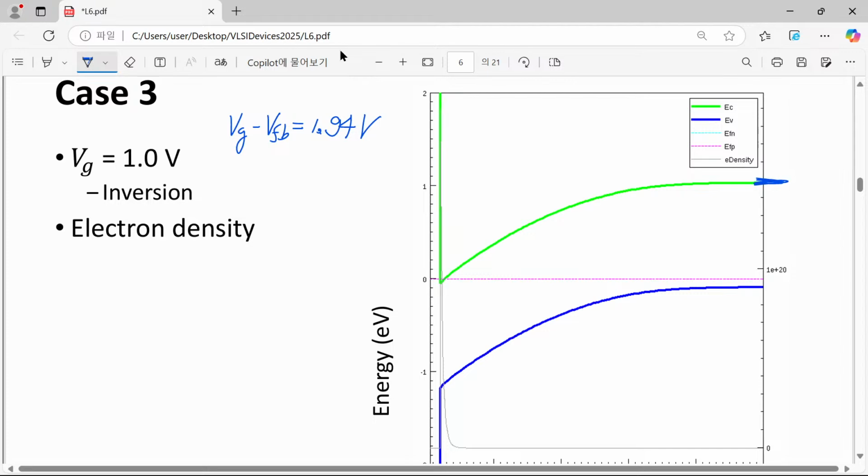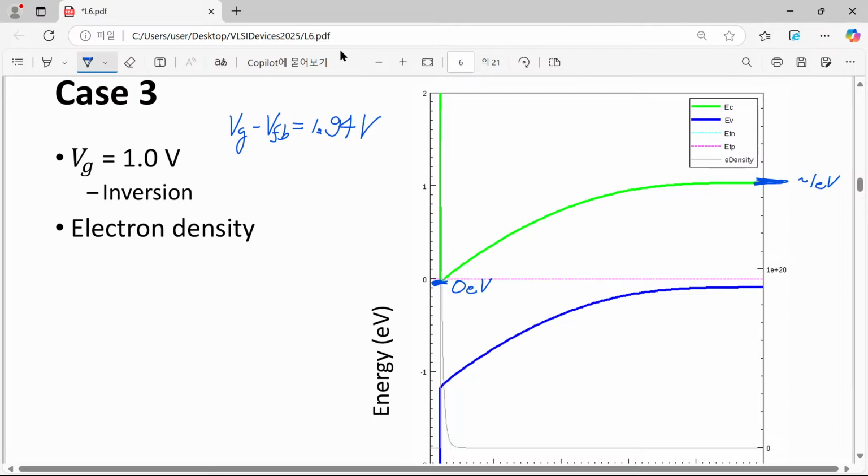Now you can see that the surface conduction band energy becomes almost 1 eV, and here we have almost 1 eV. So 1 eV is applied to our silicon, and the remaining part will be applied to the oxide.